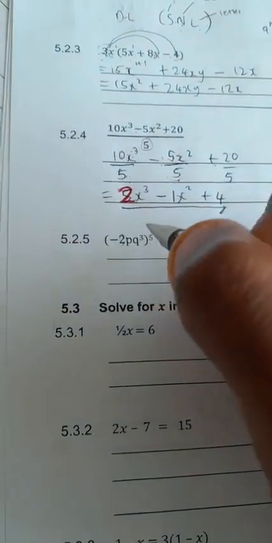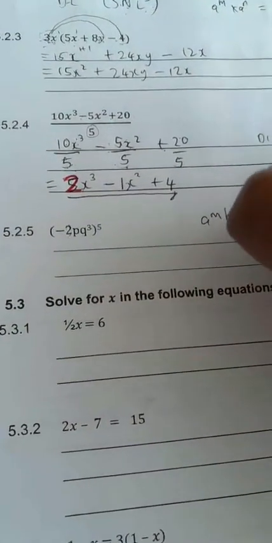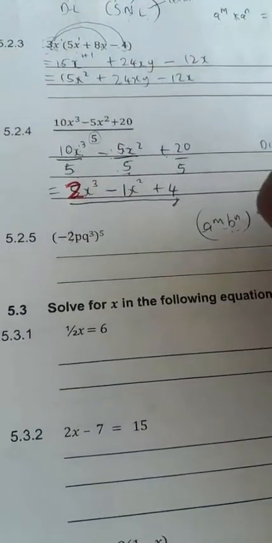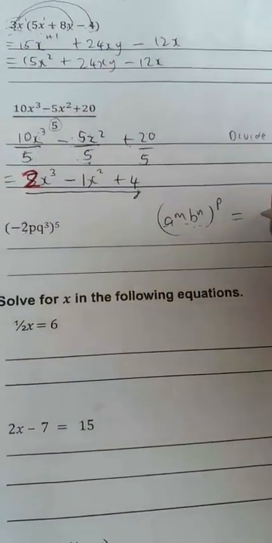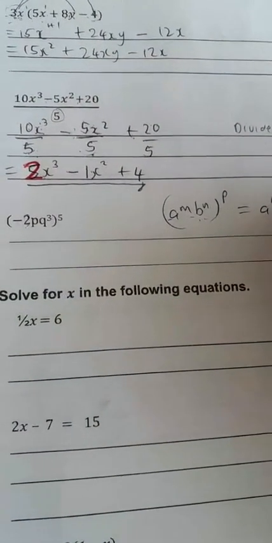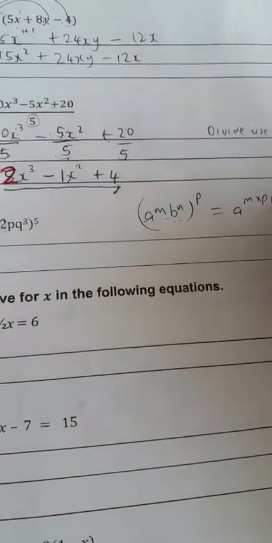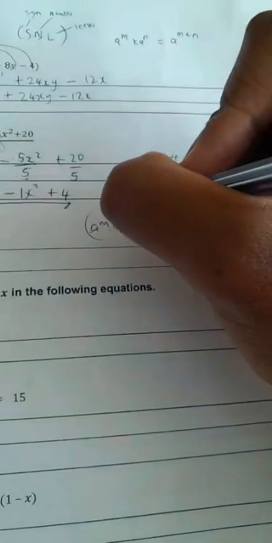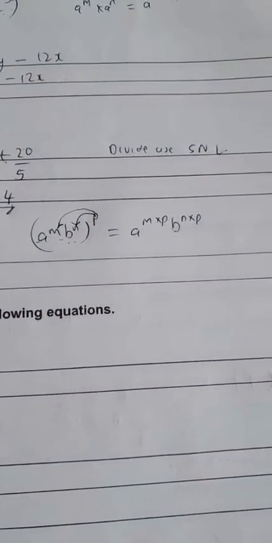It's multiply. So there is a law of exponents that says whenever you have bases that are multiplied and you have another exponent raised to the respective bases, you can apply that exponent and multiply the exponents for those respective bases. A to the power m, all to the power p, becomes a to the power m times p. So you distribute the p by multiplication. I hope that makes sense.